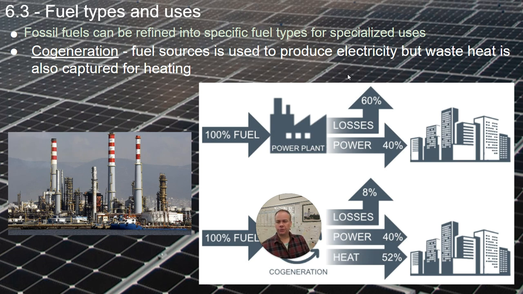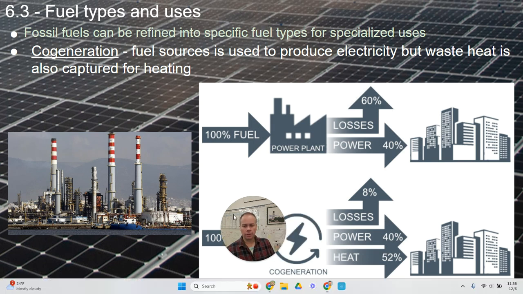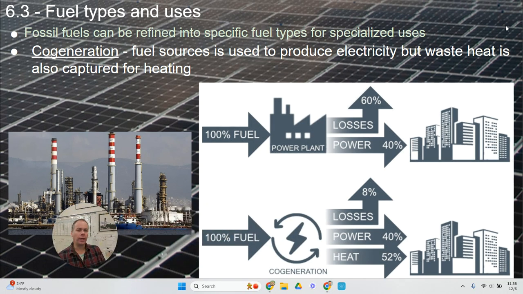So those fossil fuels that we've been talking about, they can be refined into different types of use. And one other concept that's a way of utilizing as much of the energy as possible is something called cogeneration. Cogeneration is when the fuel source that's being used to produce electricity, but then the excess waste heat is also captured and used.